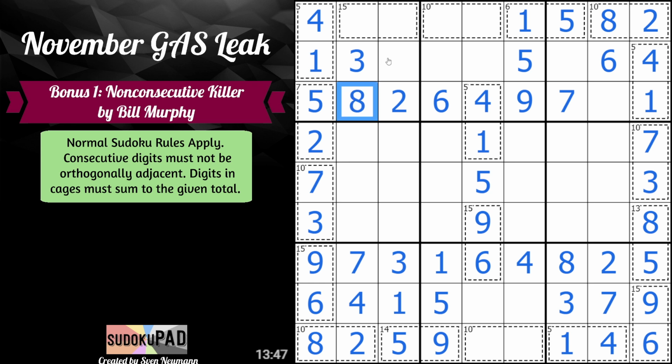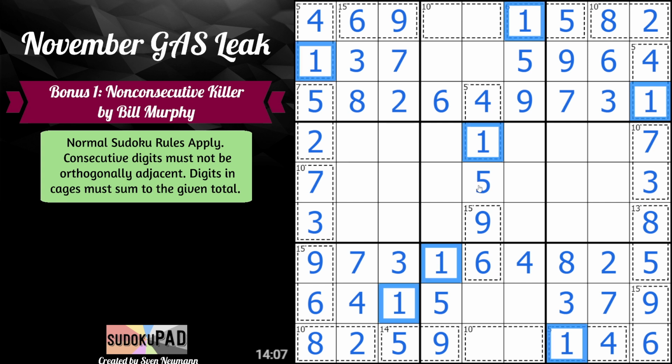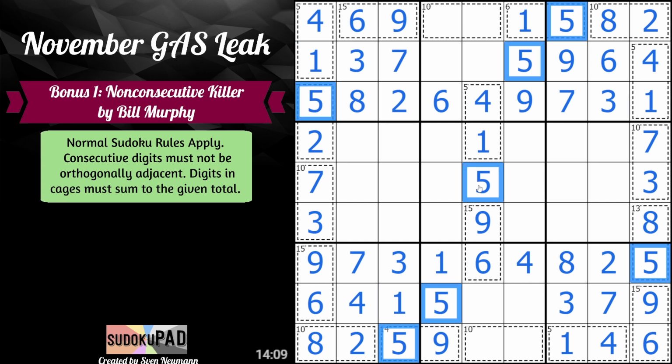This will be 8, this will be 7. 7 forces 6 here, 9 here. Oh yeah, of course. Let's fill this out. 9 and 3. So it's been slow going so far, but I'm hoping these last little bits will speed up.